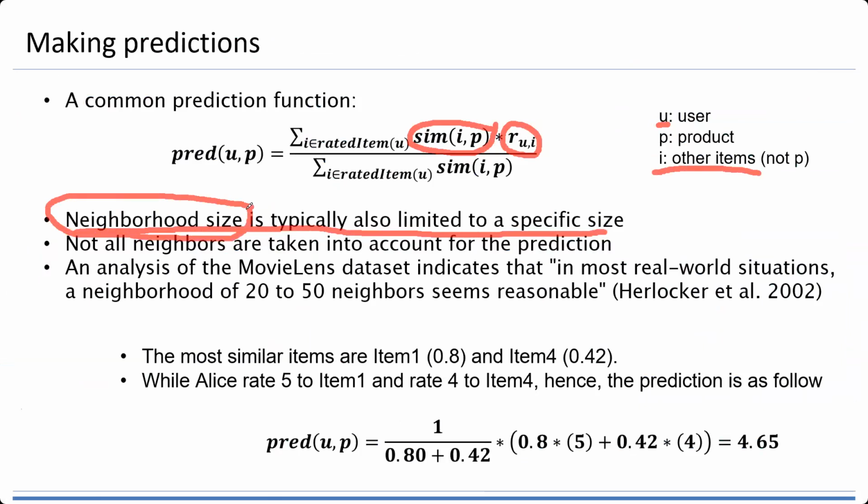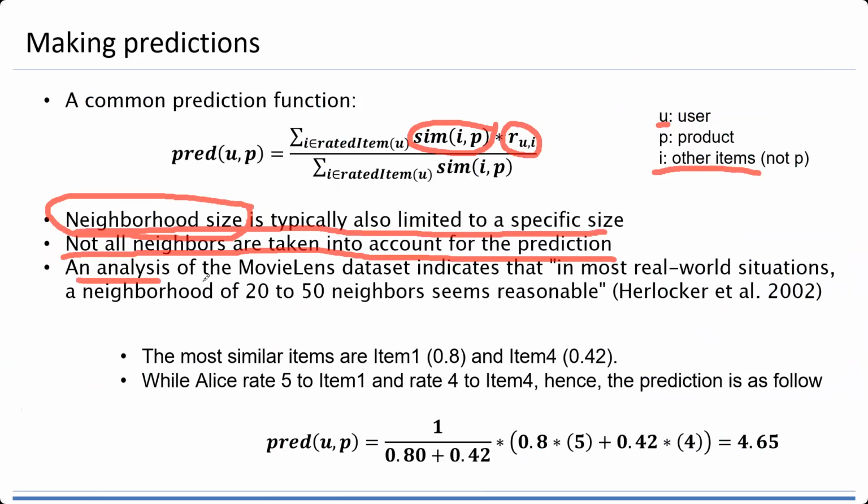Usually, we will determine the neighborhood size. Some of them may be blank, and if it is blank, we cannot include it. Not all neighbors are taken into account for the prediction. So if you have many users, we cannot include all of them.